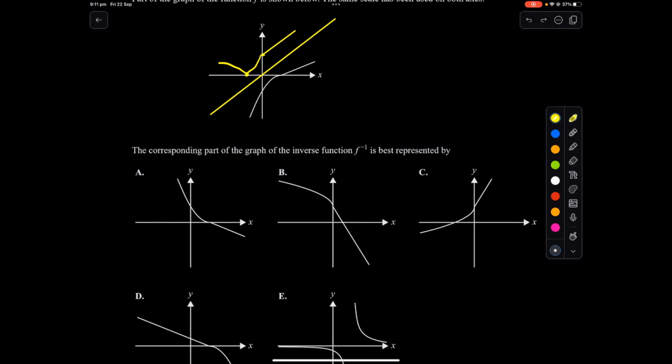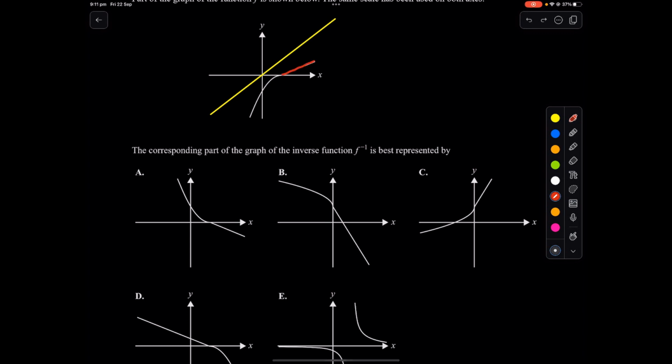So if I was reflecting, it will look like this. And it would look like this. It would look like that if I was reflecting that. Or, to be safe, I can just create a nice outline of it.